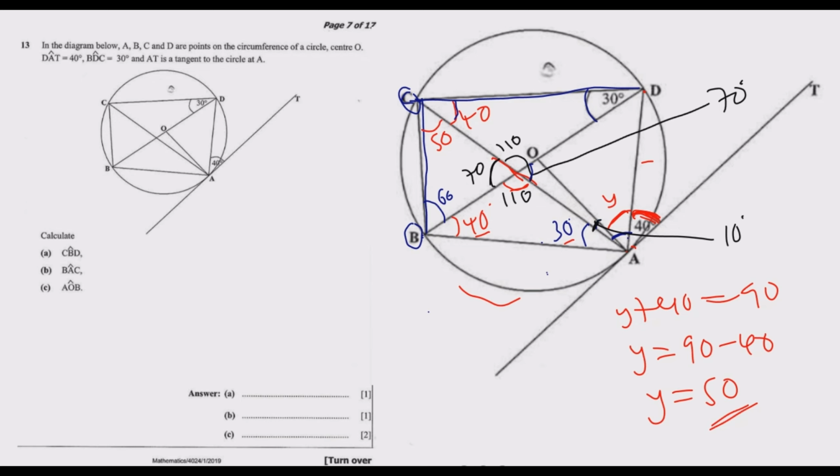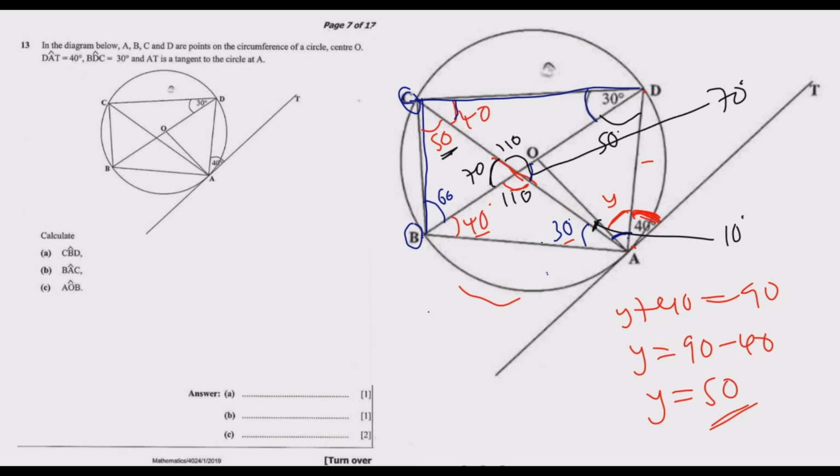Then what else can we find? If this angle is 50, then this angle should also be 50 degrees. Basically, we are using angles in the same segment. Let us look at the questions, because we've answered almost everything.